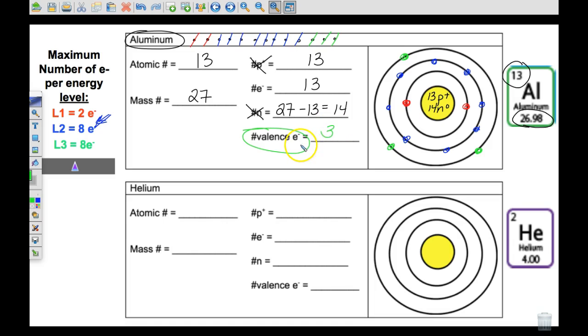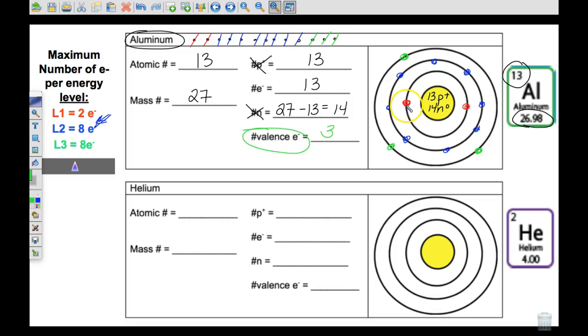In the previous slide, I asked you to look at where lithium and nitrogen were located in terms of placement on the periodic table. They're both in the second row, and we only use 2 rings.